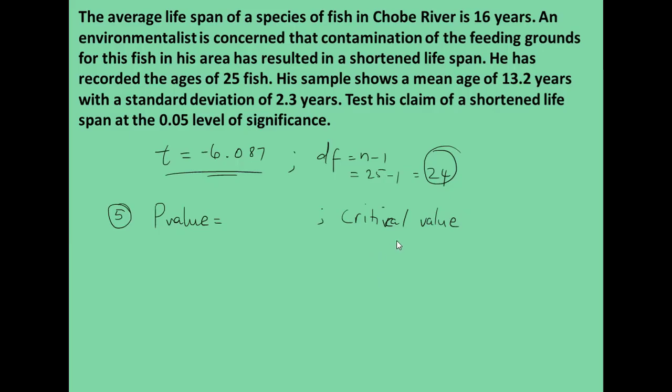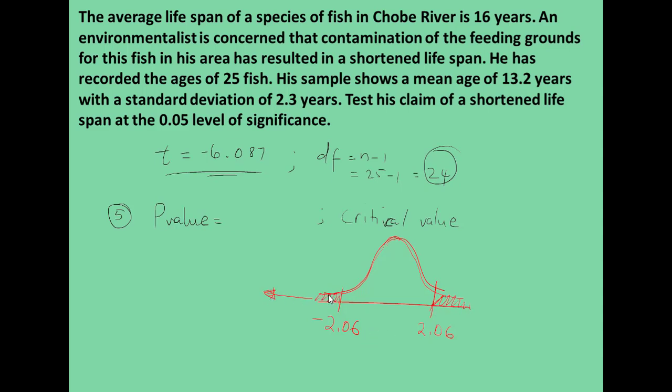If the critical value is 2.06, it means that we have 2.06 here and negative 2.06 on this side. And remember that our test value is negative 6.087, which is way out here in the rejection zones.